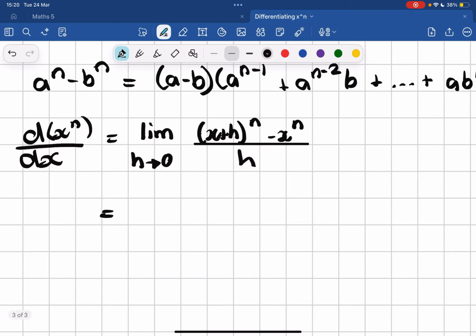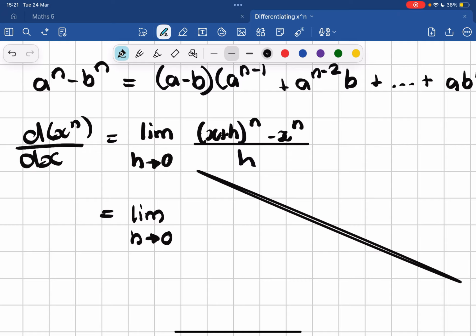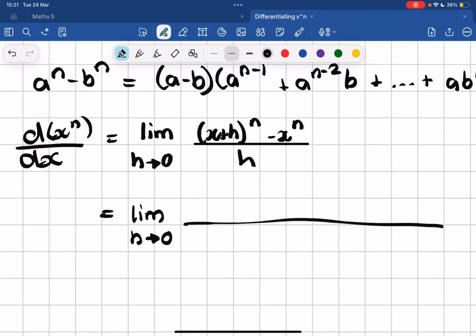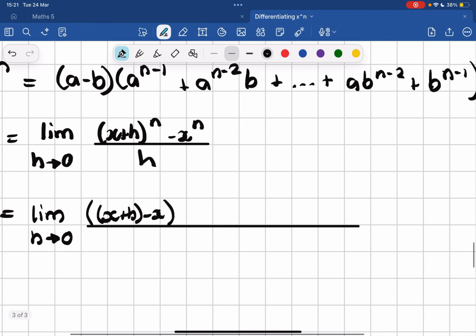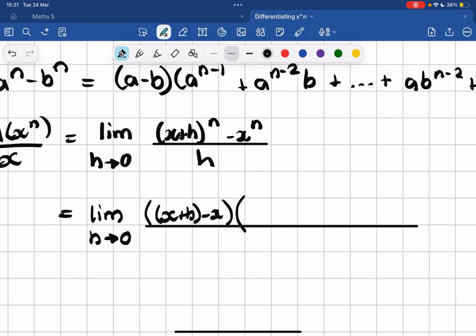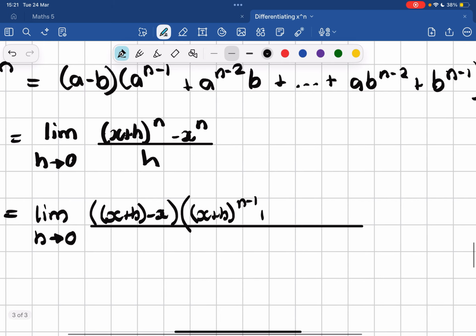So what we do, if we take the limit as h goes to 0 and we use our identity on the numerator, we have x plus h minus x, so that's a minus b, multiplied by x plus h to the n minus 1, plus x plus h to the n minus 2 multiplied by b, which is x in our case.